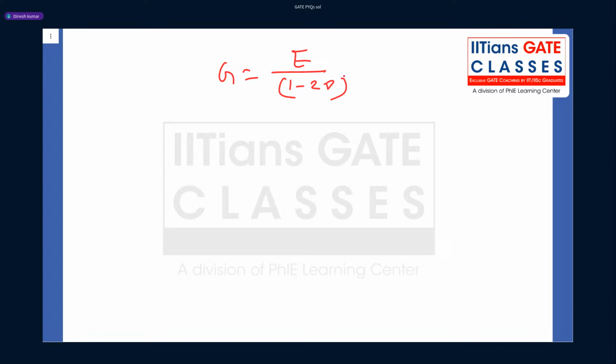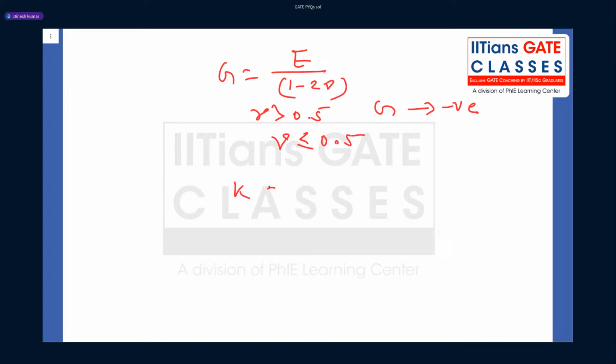Now if nu is greater than 0.5, what will happen? G becomes negative, which is not possible. So what is the limiting value for nu? Nu should be lesser than or equal to 0.5.